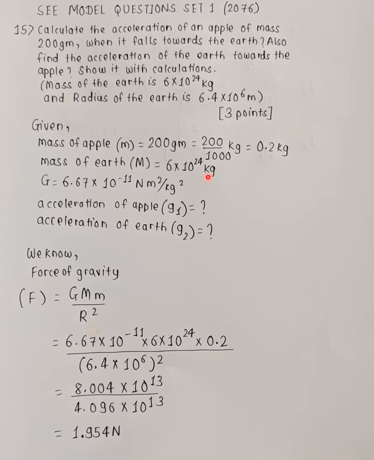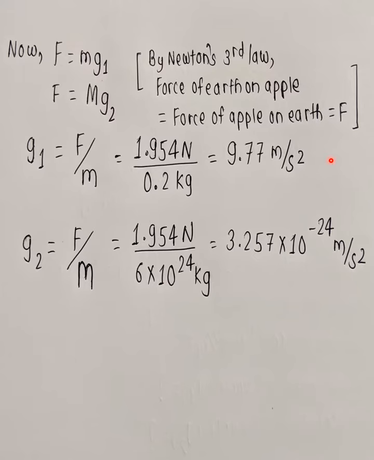When you insert these numbers into this equation, just make sure you know well how to play with the scientific notation. You get the force 1.954 Newton. Now the force can also be written as mass times the acceleration.